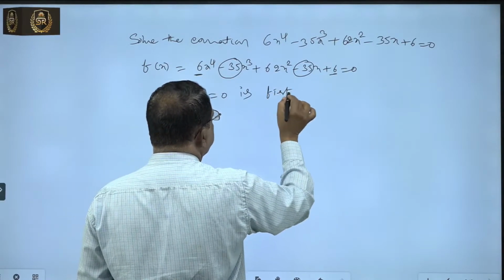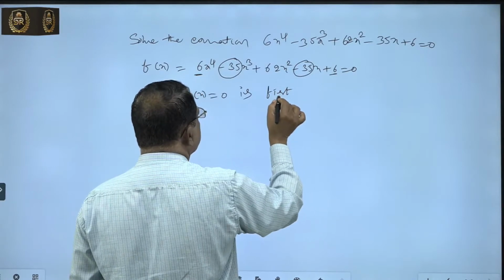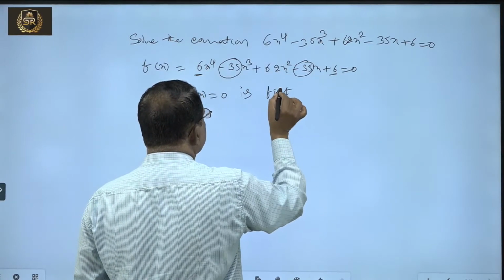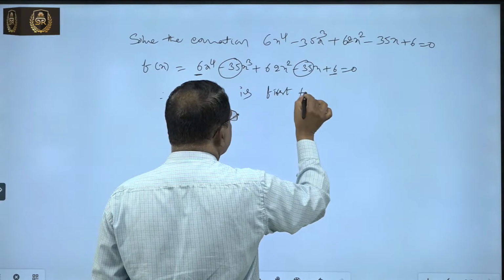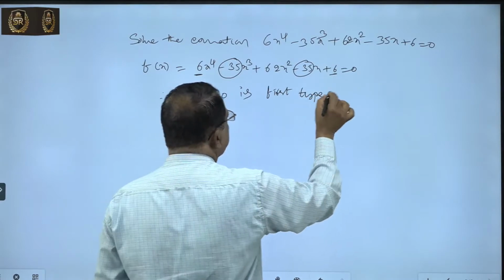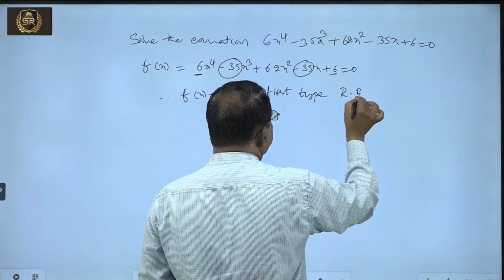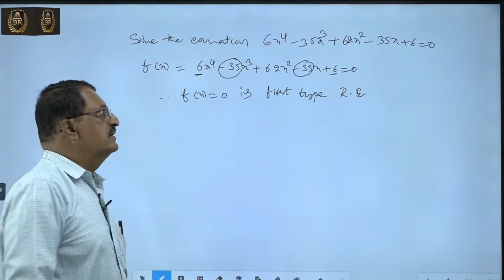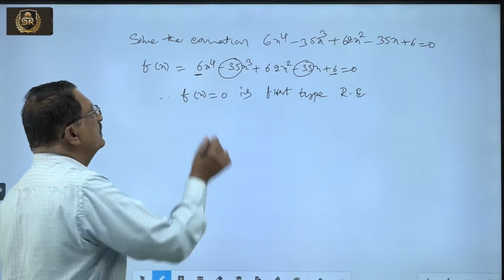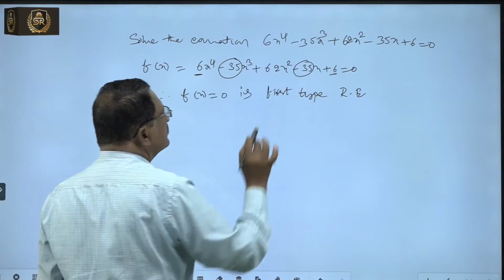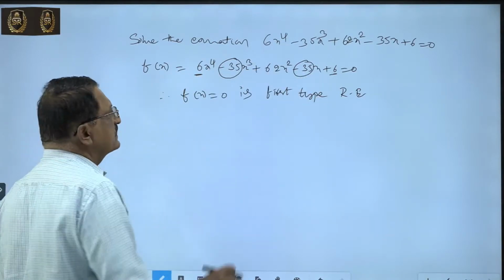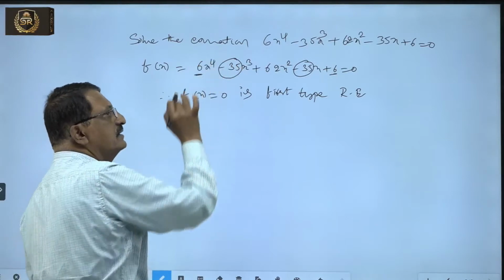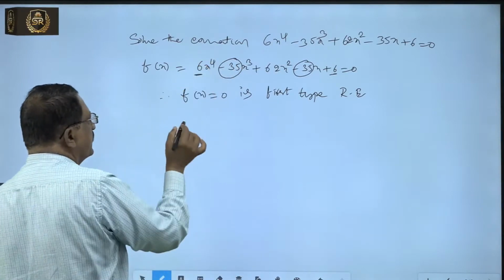First type reciprocal equation. It is a first type reciprocal equation. Now, the complete equation, first divide by x square because the exponent is 4, or 4th degree.